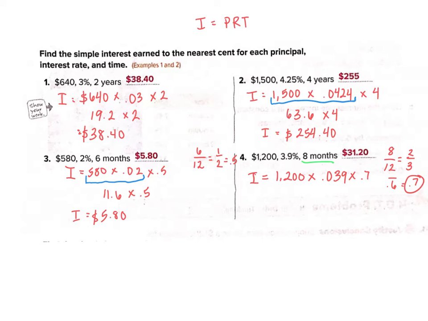Then we'll take this into chunks, 1,200 times 0.039, and we get 46.8 times 0.7. So the interest would be $32.76, which is a little greater than what they found here.